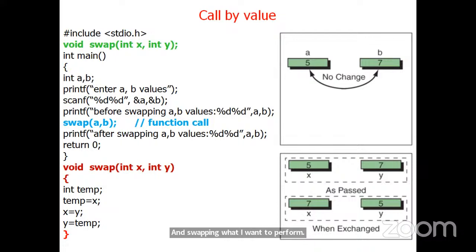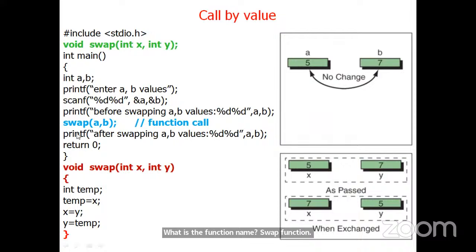In order to swap, you have to take two variables. You take two integer variables, int x, int y. This is the basic declaration of my function. What is the function name? Swap function.